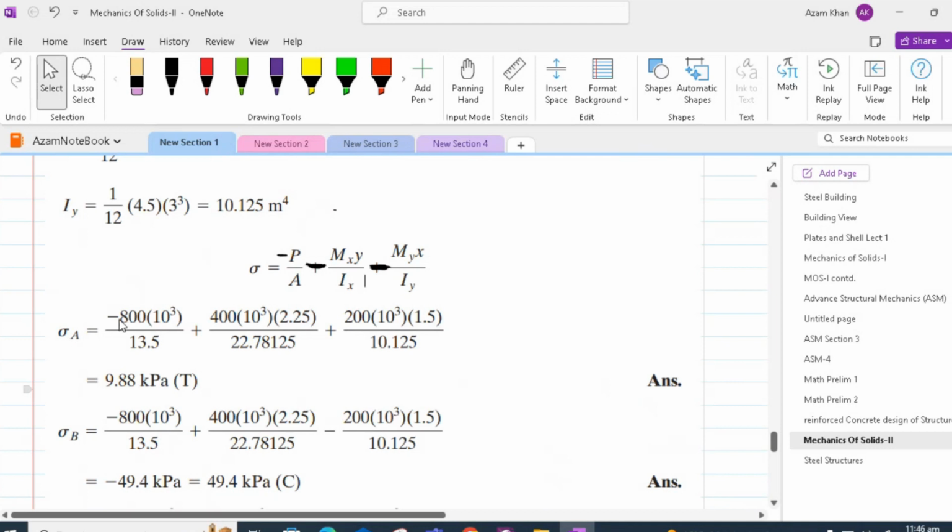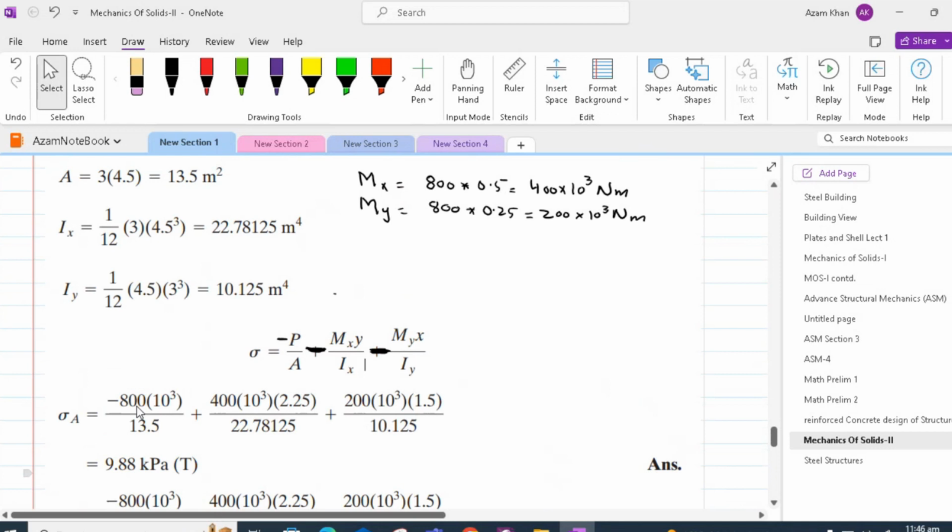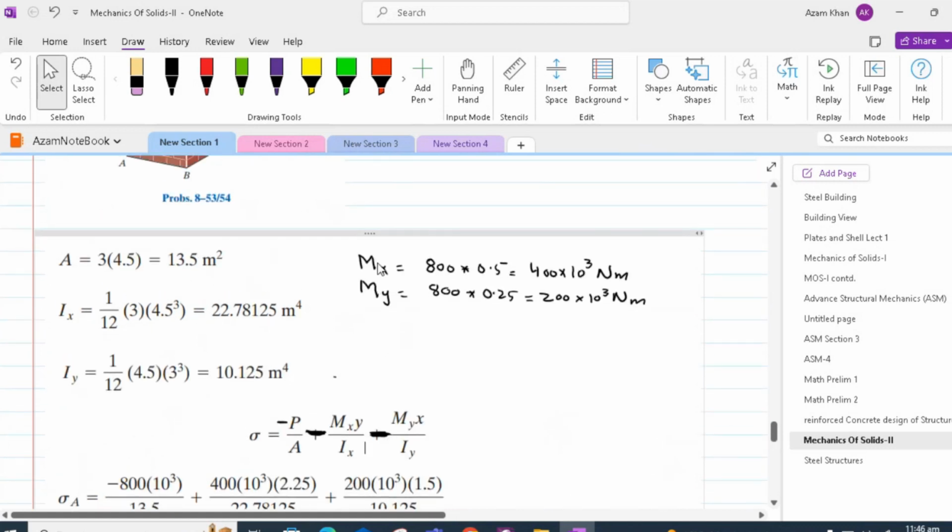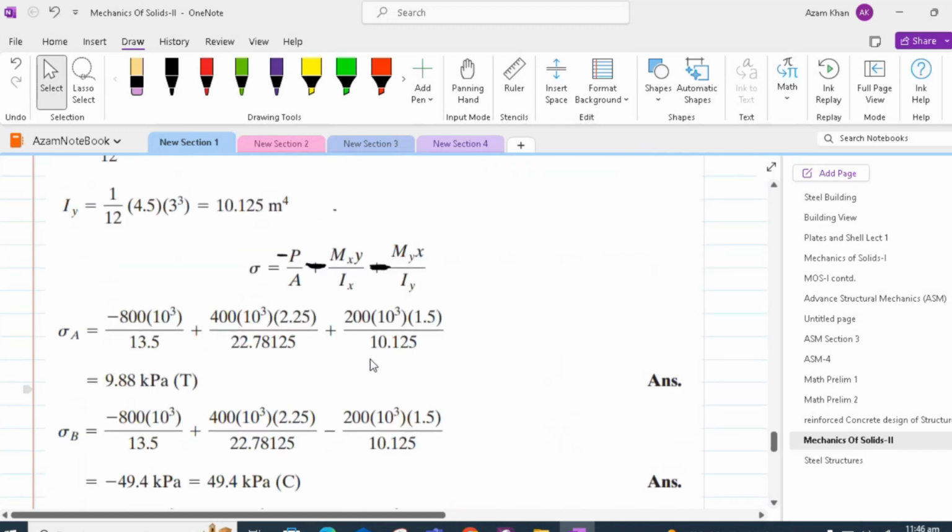So plugging the values, we get minus 800 into 10 raised to power 3 divided by 13.5 plus 400 into 10 raised to power 3 times 2.25 divided by 22.78125 plus 200 into 10 raised to power 3 into 1.5 divided by 10.125. 800 is the applied load, 13.5 is the area which we determined, 400 10 raised to power 3 and 200 10 raised to power 3 are the moments, Mx and My respectively.